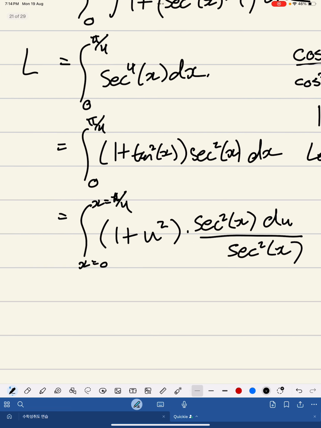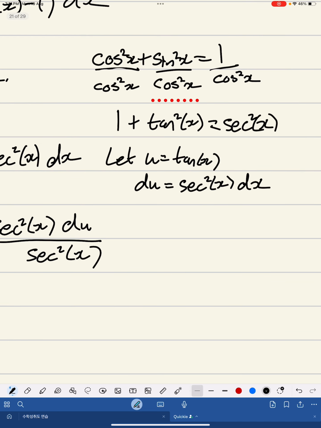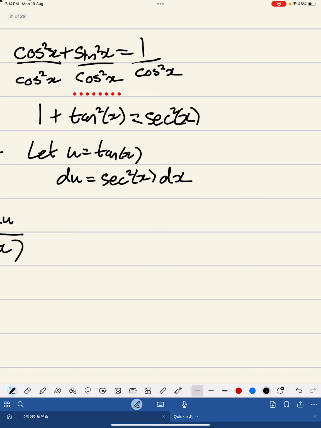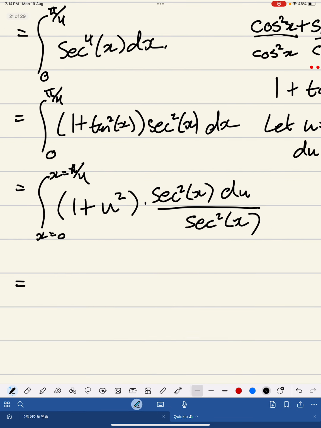Because it cancels out. Now, when x equals pi over 4, u equals tangent of x. Tangent of pi over 4 is 1, because sine of pi over 4 is root 2 over 2, and cosine of pi over 4 is root 2 over 2 as well. And tangent of 0 is 0.